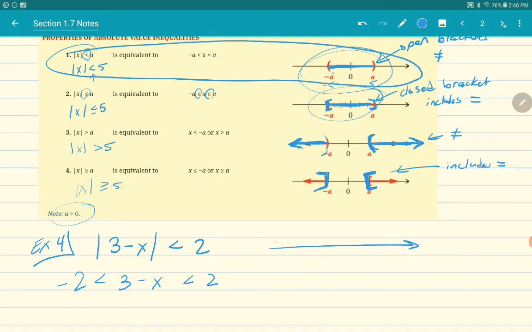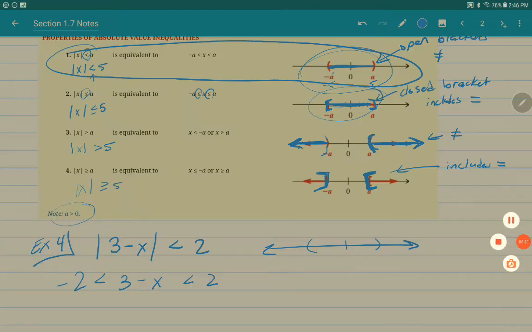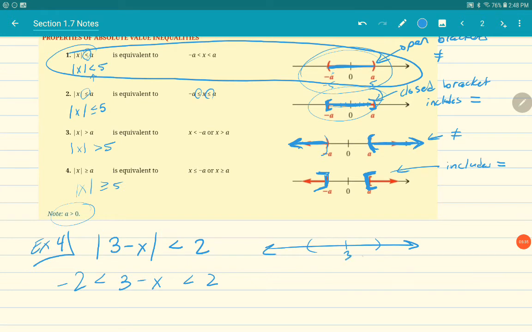So on the number line, the 3 and the x, wherever the x is, it could be over here, it could be over here, that distance is less than 2 units.